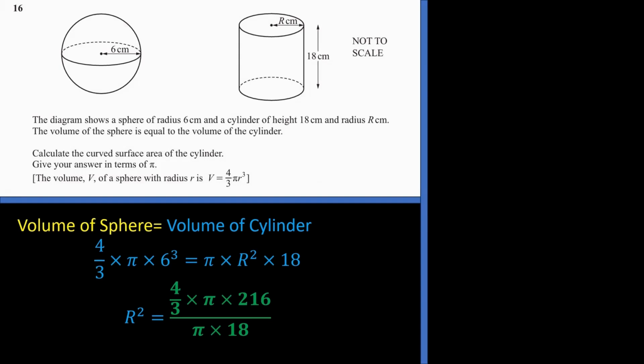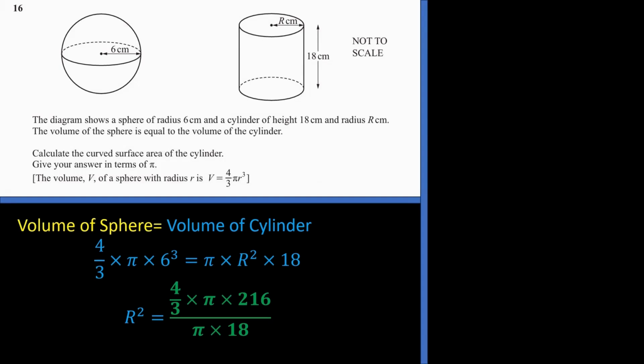The right-hand side is taking care of the volume of the cylinder, which is pi r squared h. Unfortunately, the exam body did not give us the formula for that, so it's expected that we should come well prepared and know this formula, okay?